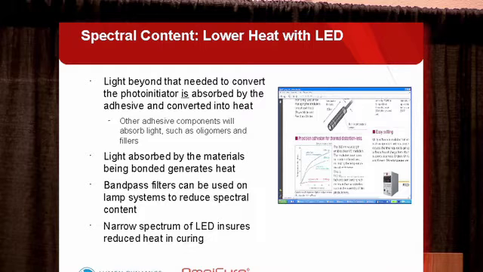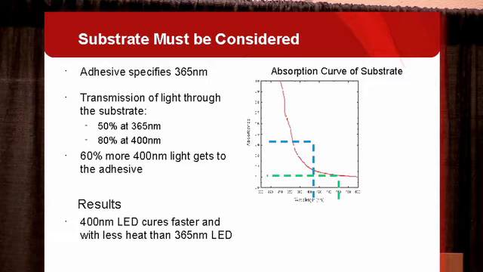And finally, you can't forget the substrate that you're joining as part of your decision-making process on which wavelength is best suited. This here gives an example of some testing that we did, joining 2 plastic parts, using adhesive where it specified 365 nanometer wavelength to cure the adhesive.